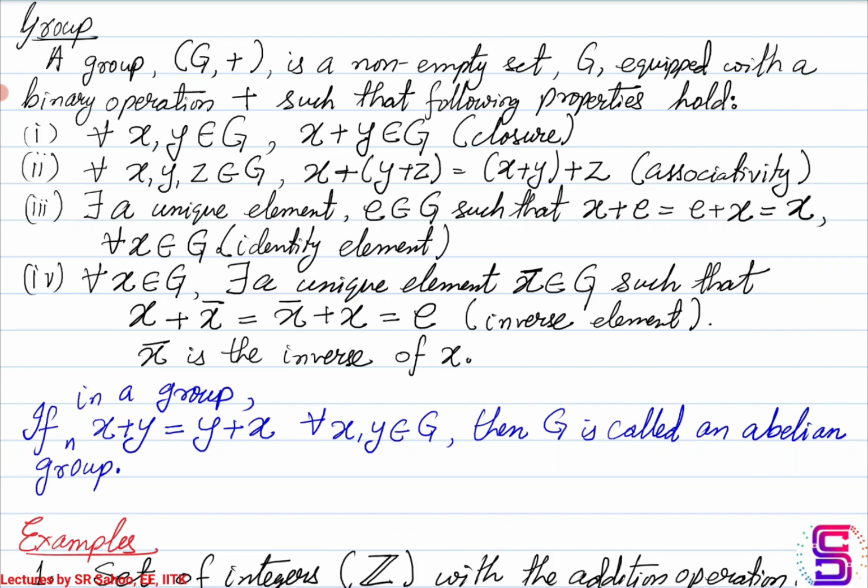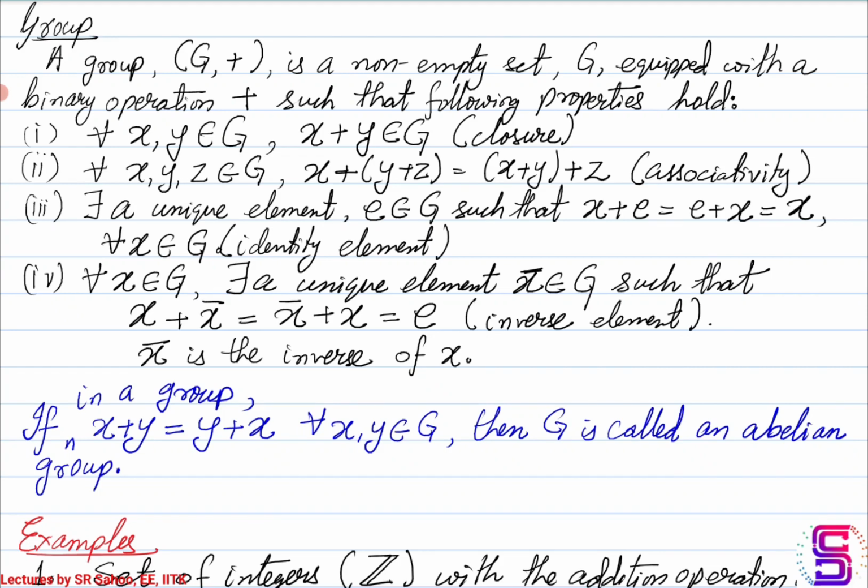The first property is that no matter what two elements you take from the set, the binary operation on these two elements will always result in an element that lies in the set. That is the closure property. So the set G will satisfy the closure property under the binary operation plus.